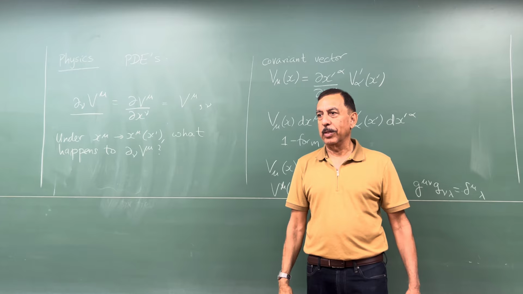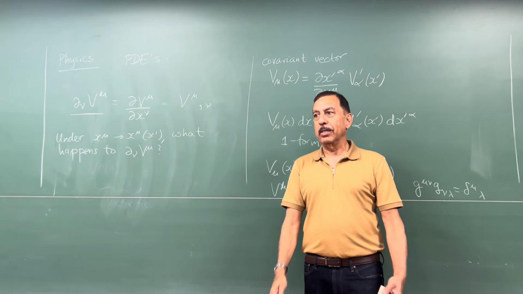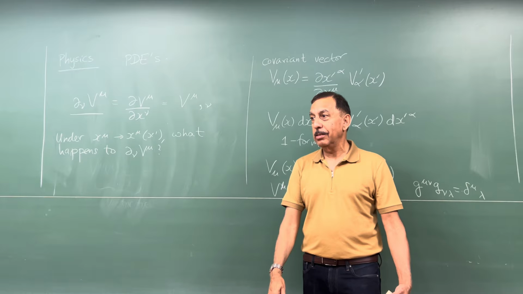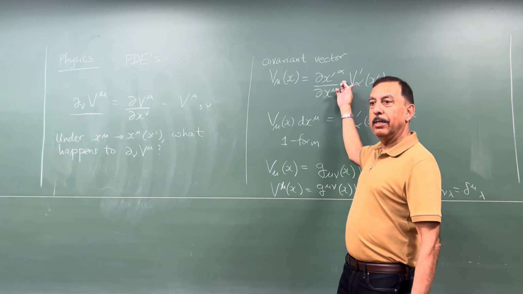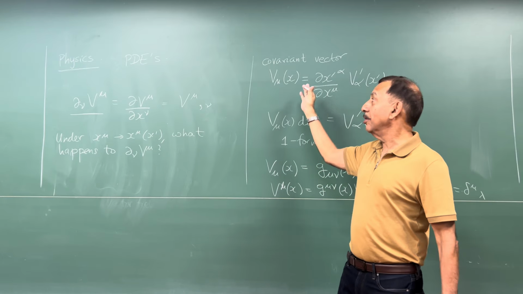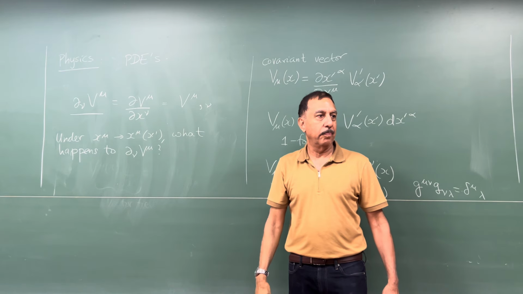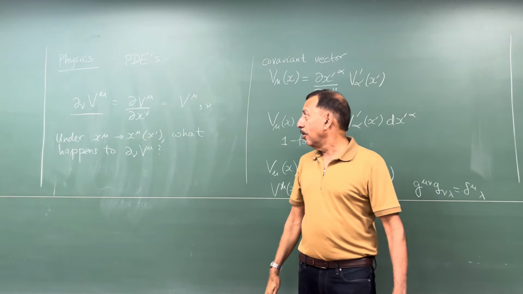You remember that in special relativity, there was just a constant matrix lambda which implements the rotations and Lorentz transformations. That is what is replaced in general relativity by this, but this is not constant. This will vary because x prime depends on x, so this will vary everywhere on the manifold. Okay? This changes a lot of things.